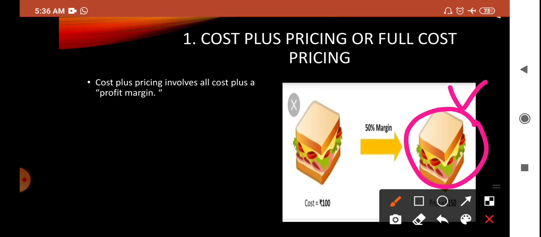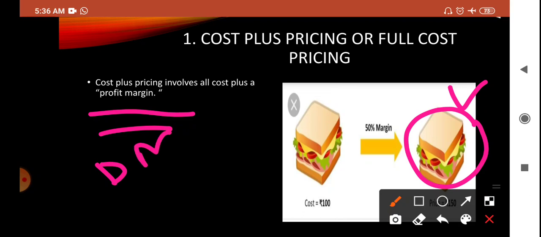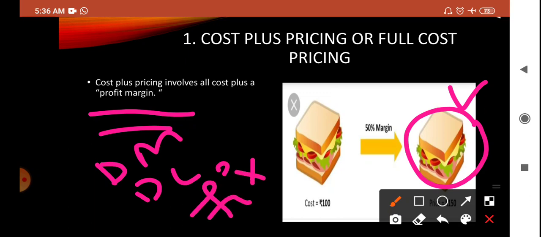So cost plus pricing includes all cost plus a profit margin. So whatever the cost, it can be the direct materials, it can be the direct labor, and it also includes the indirect cost, that is fixed and administrative cost, selling and distribution expenses.